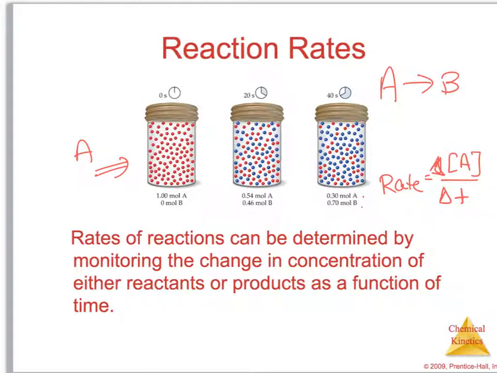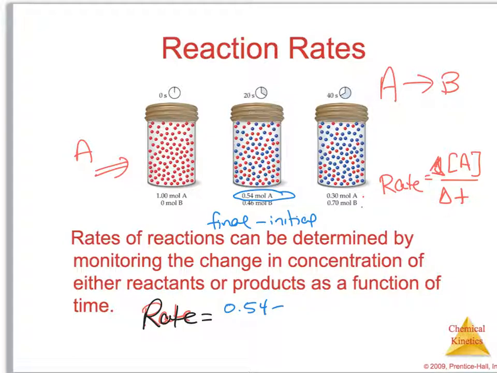So that would mean that our rate, I should do this in a different color so you can see it, we always do final minus initial. So our rate would be 0.54 minus 1.